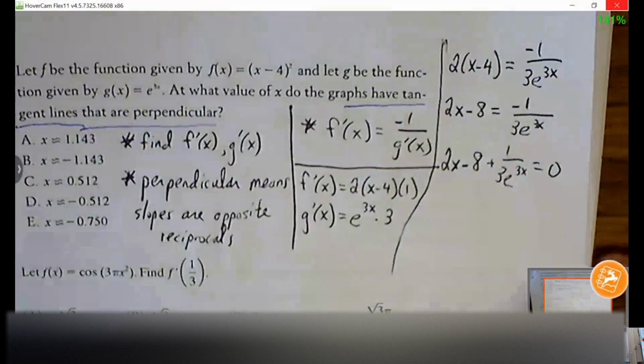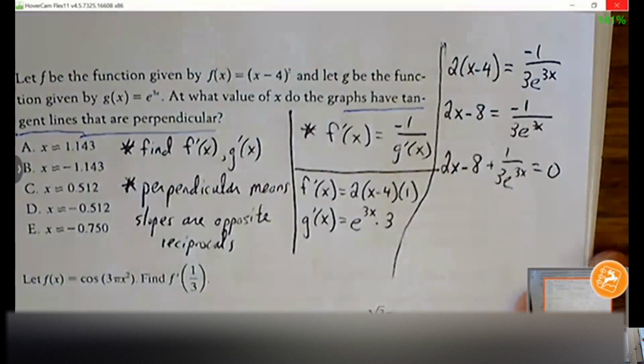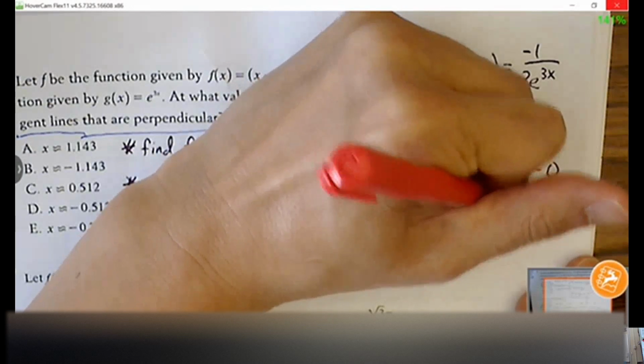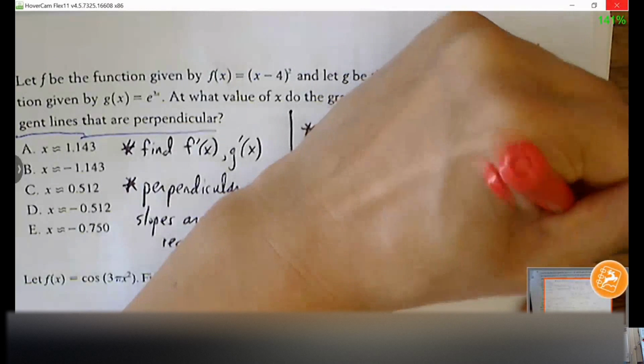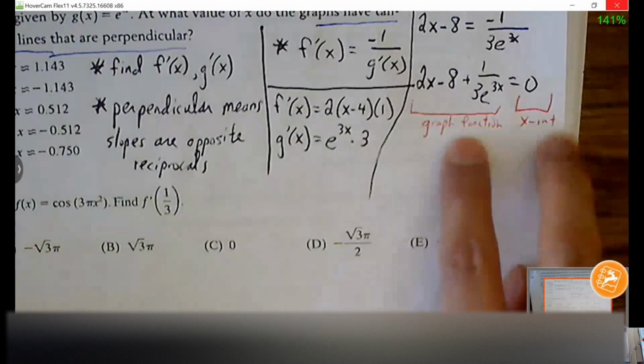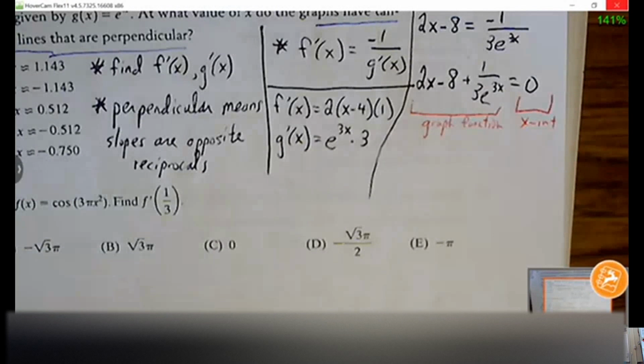So here's what we're going to do. We're going to graph this function, and we're going to look for the x-intercept. Where is the graph going to cross the x-axis? That's going to be where our solution is.